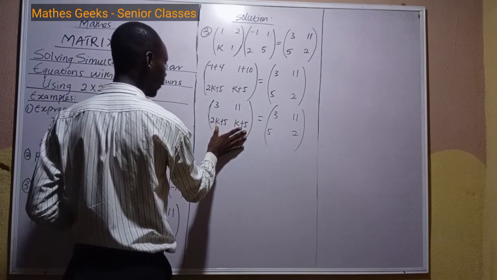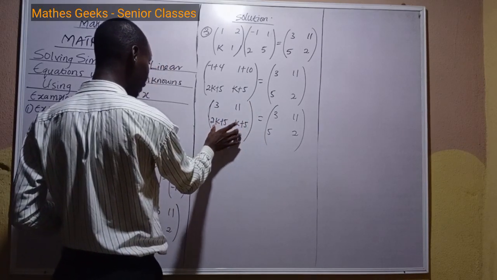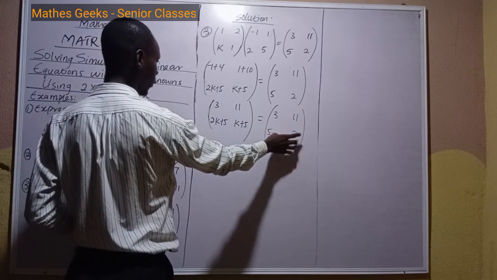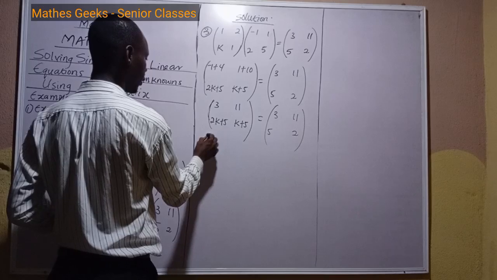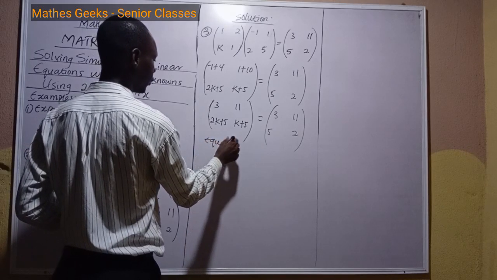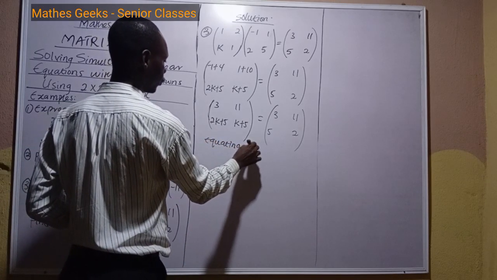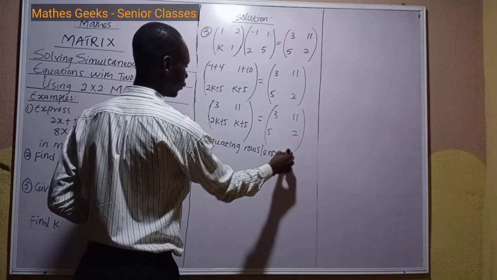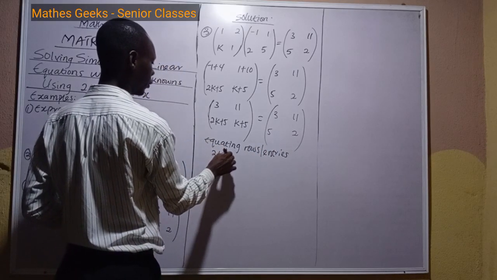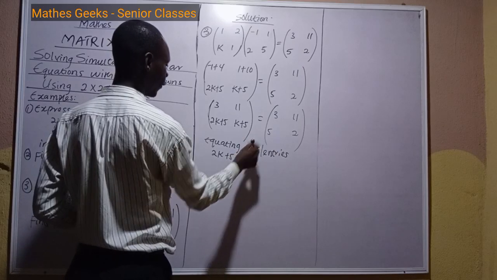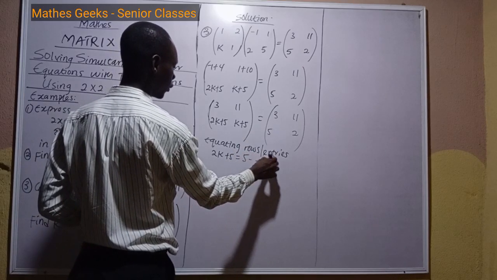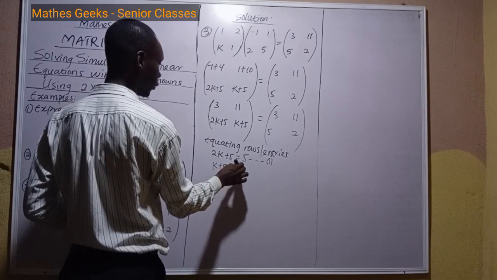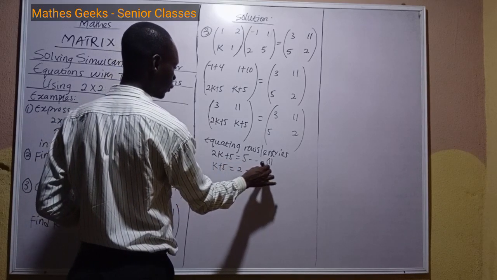So by the time we get the value of k and put it into the equation, here will be 5 and here will be 2. If we equate entries, we have minus k plus 2 is equal to 5, and k plus 5 is equal to 2. Let's call the first one equation 1 and the second equation 2.